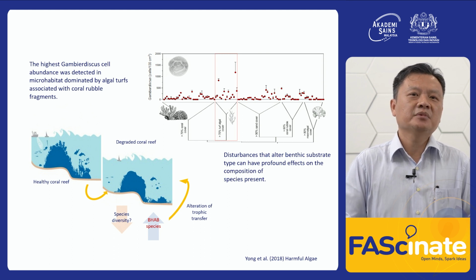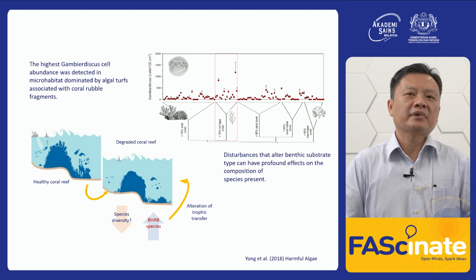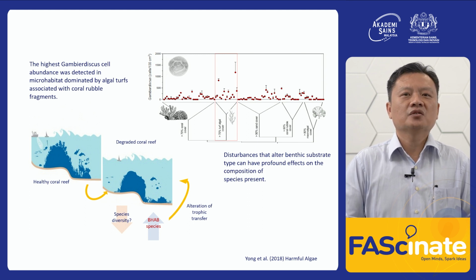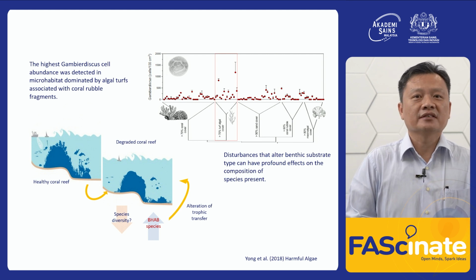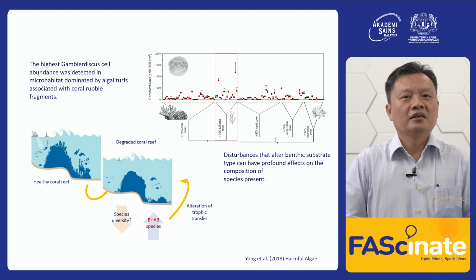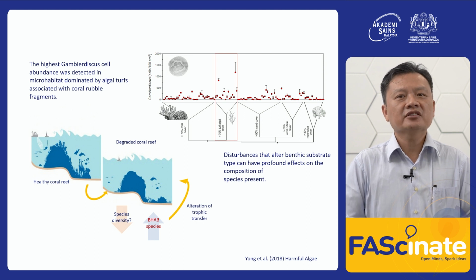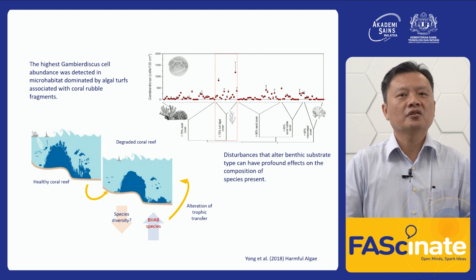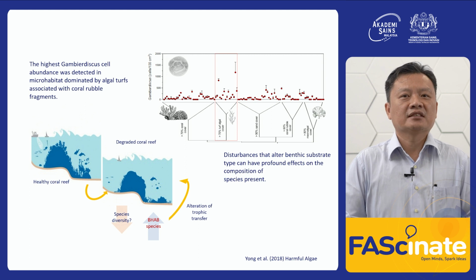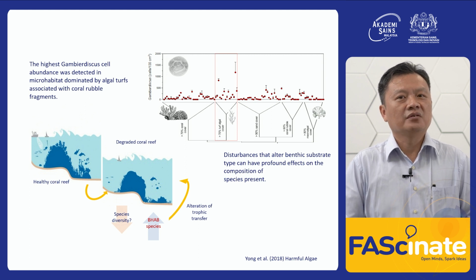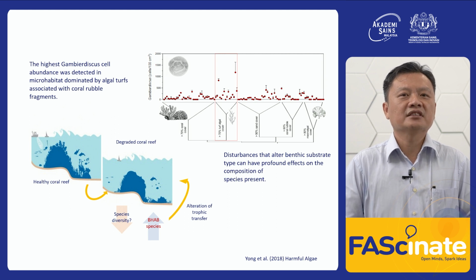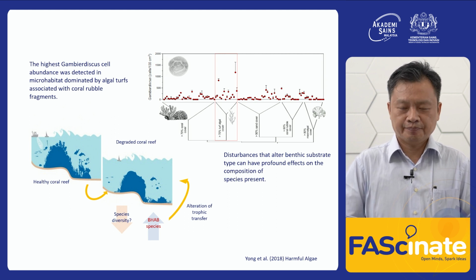This is in agreement with many studies which reported that benthic substrate with turf algae hosts the highest density of the toxin producer. To keep the story short, what we learned from this study is that degradation of coral reef will certainly alter the benthic habitat ecosystem and promote the growth of the toxin producer Gambierdiscus species. So we can protect our coral reef and prevent or minimize the risk of ciguatera fish poisoning.